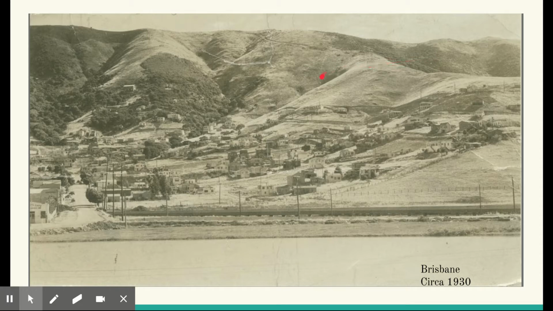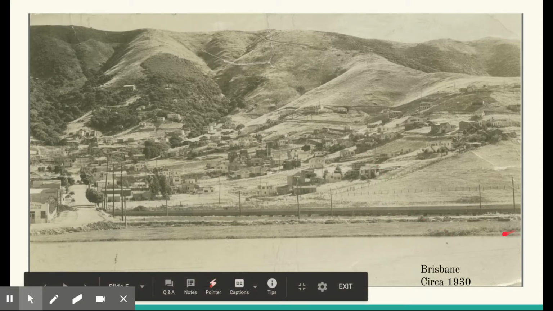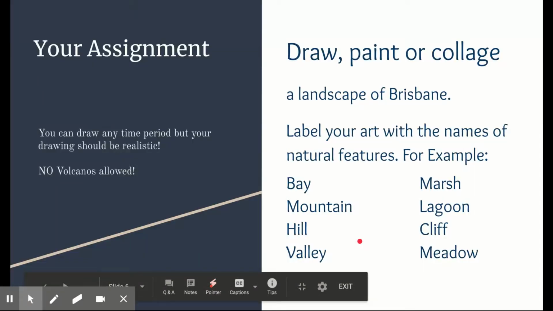You can see that there are valleys and hills. You can see that there's a bay. You can tell that this is a little bit marshy, so you might want to label a marsh. And you can choose whether to put in roads and houses and all different kinds of things. You can choose whatever period of time you want. So that's the last picture we have.